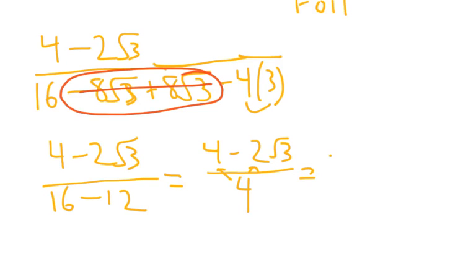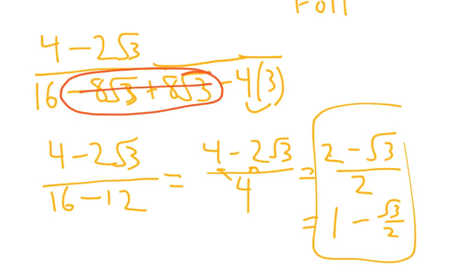We could let it be 2 minus root 3 over 2, or we could say it's 1 minus root 3 over 2, like that. Whatever floats your boat. They both mean the same thing, and both of them do not have a radical in the denominator, so they are both good to go.